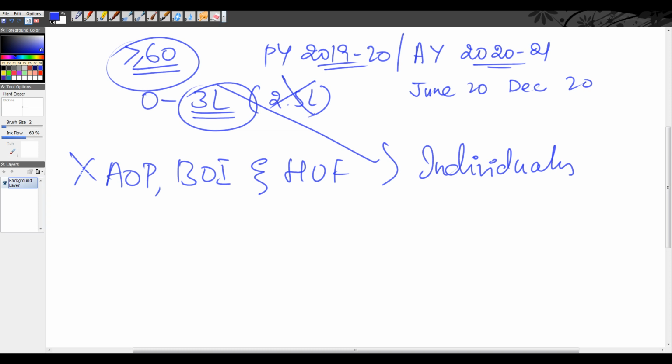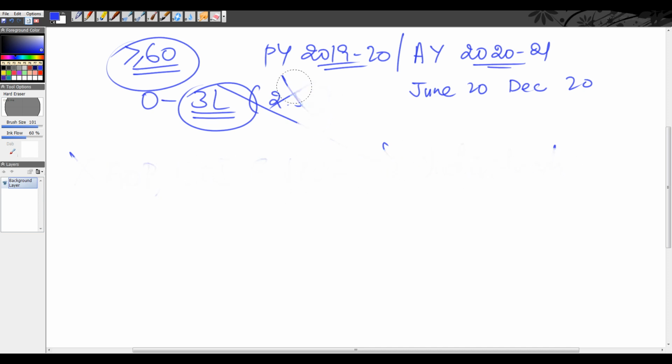Let me quickly erase this. So we'll move on to the next slab. So 0 to 3 lakh, it will be 0% for the senior citizen, someone who is aged 60 and above. Again, this is only for individuals, not for other types of assessees.